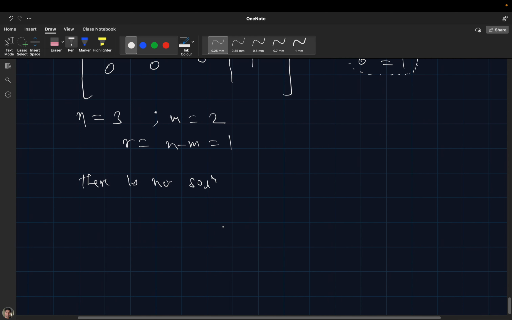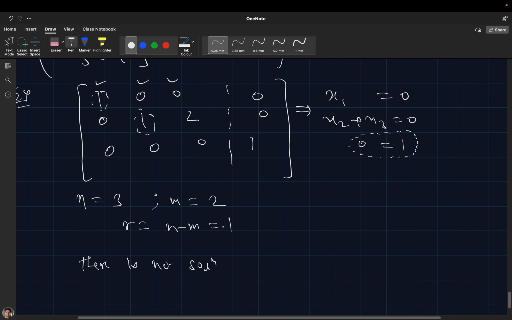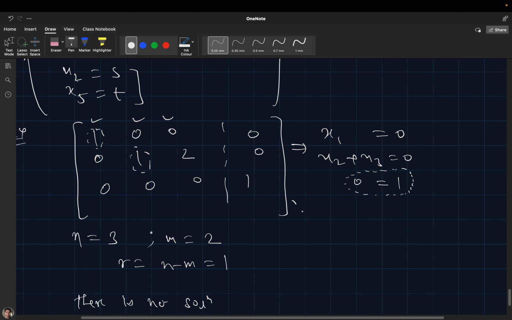So the conclusion is, do we need the REF or RREF? Whatever I discussed is all in RREF form. You can see this is the leading position, and in the leading position there are no other non-zero numbers.